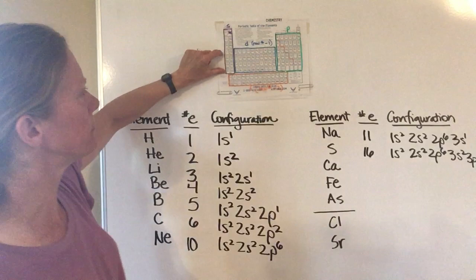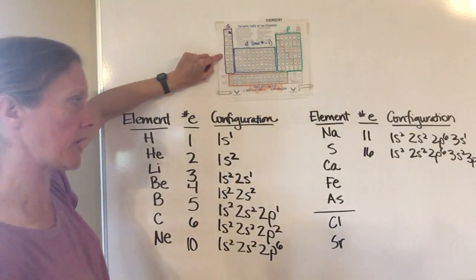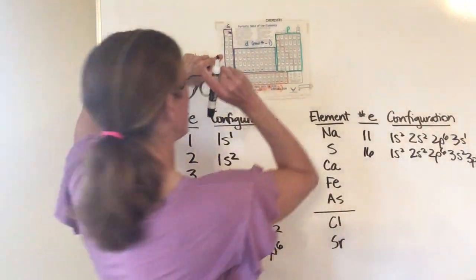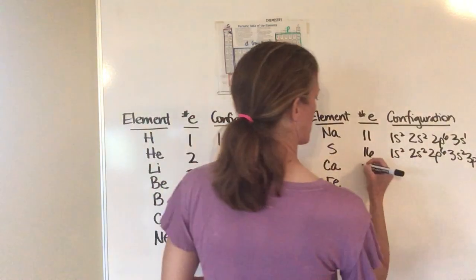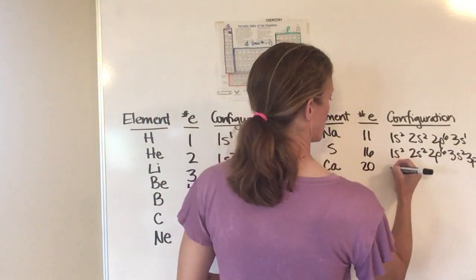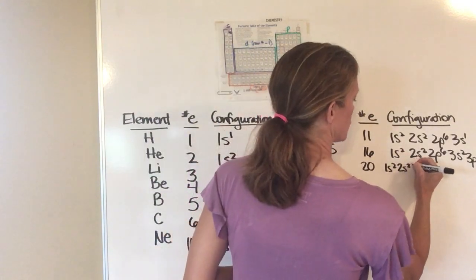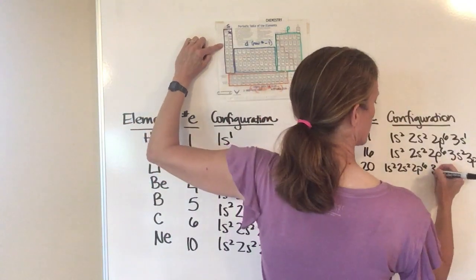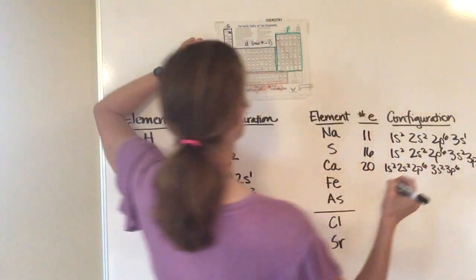Okay? Calcium. Again, you're going to start at the top, but now I'm in the fourth row. So calcium has 20 electrons. So again, you start at the top: 1s2, second row, 2s2, 2p6, third row, 3s2, 3p6.